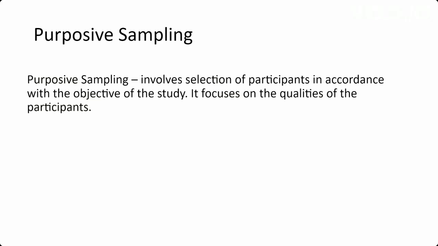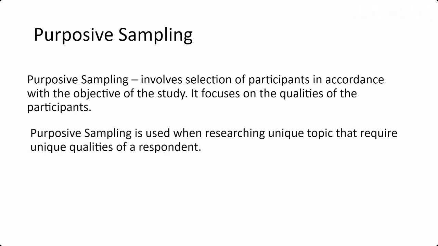So your focus is on the objective of the study as well as looking at what qualities the participants possess in order to assess if they are able to help you answer your research question. So it focuses on two things. One, your research objectives. That's why it's called purposive sampling. Also focuses on the capability of your participants.